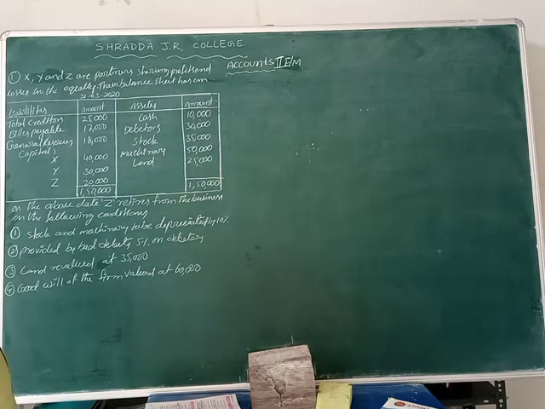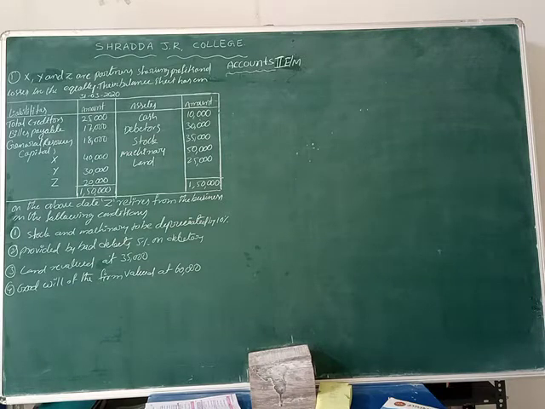Okay. Now next is their balance sheet as on 31st March 2020. Liabilities given: creditors 25,000, bills payable 17,000, general reserve 18,000. Now capitals: X 40,000, Y 30,000 and Z 20,000 rupees.